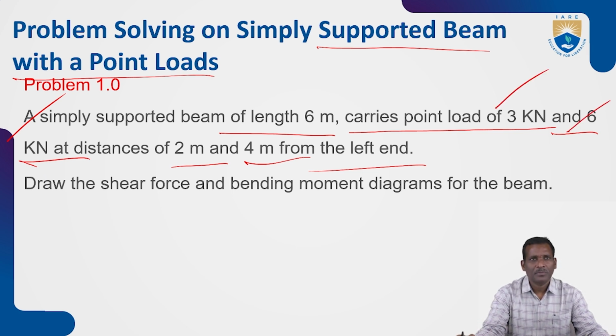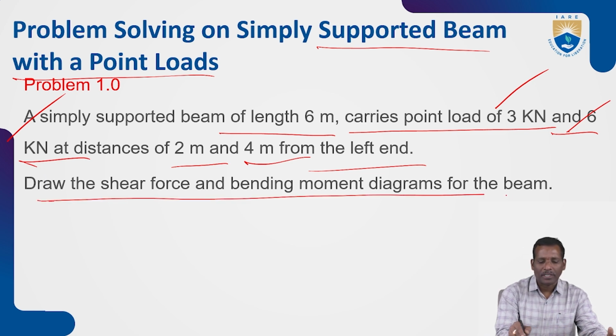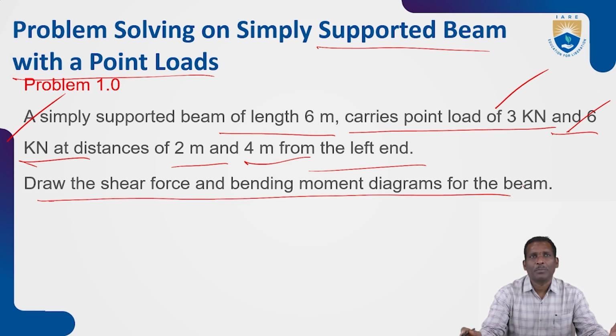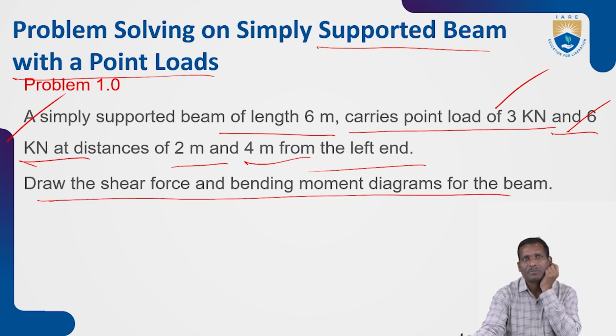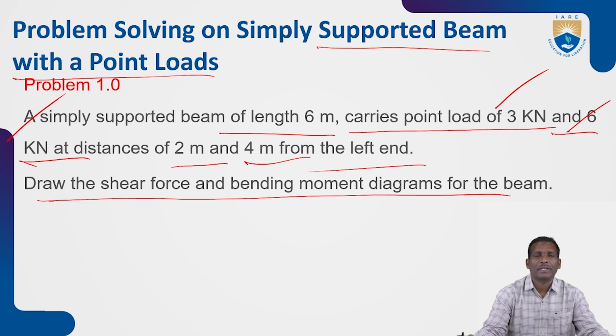For this load diagram, draw the shear force and bending moment diagrams for the beam. How to draw them, I will explain in this session. Already in the previous session, the cantilever beam case, we calculated and also drew the shear force and bending moment.